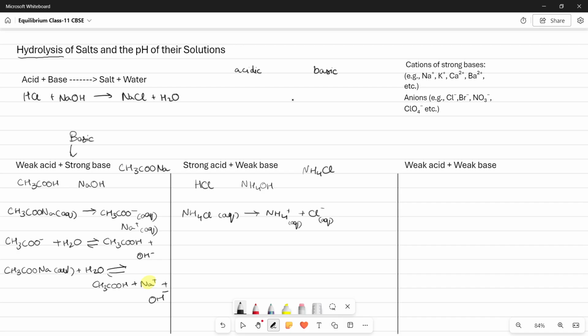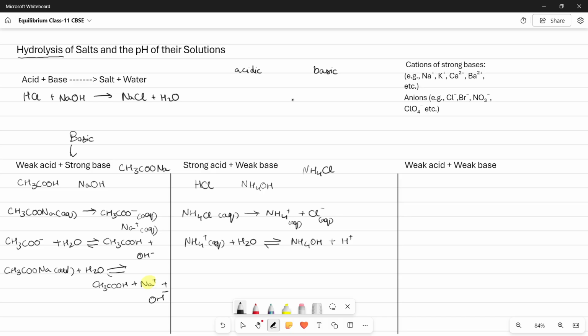So because of that, it still prefers to stay in the unionized form. So NH4 plus combines with H2O and is in equilibrium with NH4OH plus H plus. Because the OH from H2O has gone to NH4, you're left with H plus.